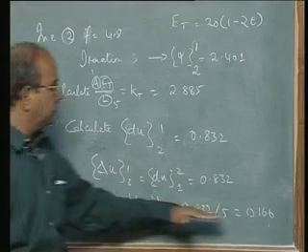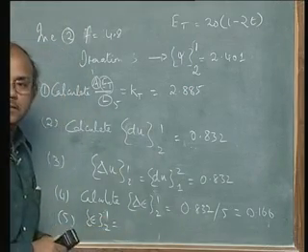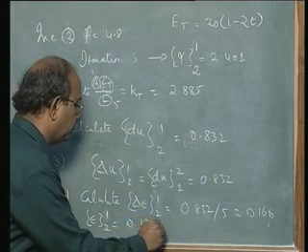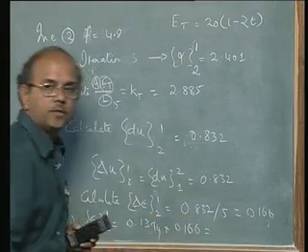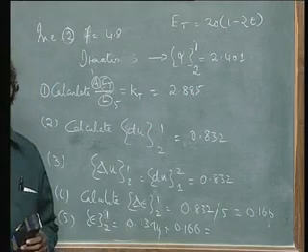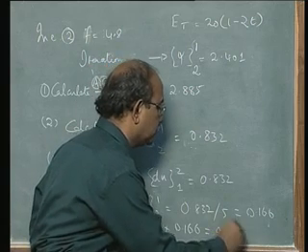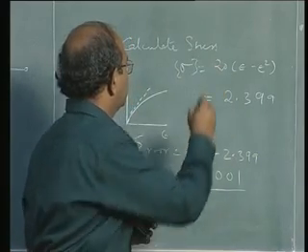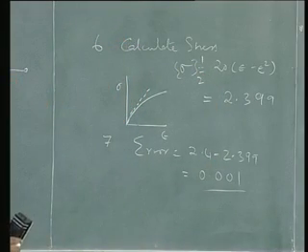So calculate delta epsilon 1, and so epsilon 1 2 happens to be 0.1394 plus 0.166, and that happens to be 0.306. So what happens to my sigma?